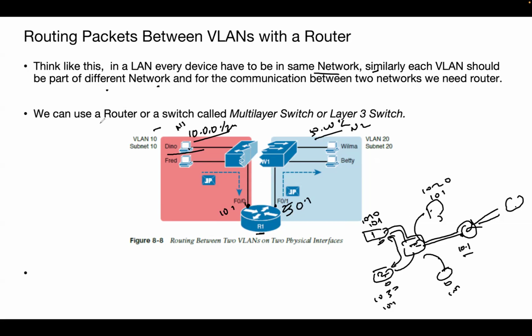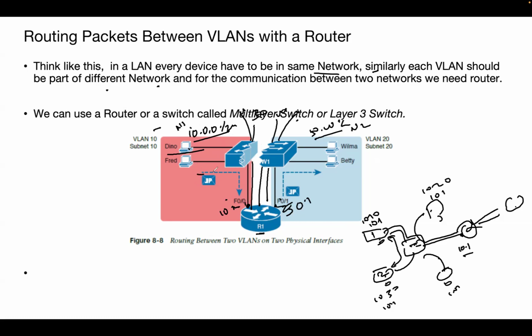Clear this part? Now, I took two interfaces, FA0/0 and FA0/1, because I had two VLANs, VLAN 10 and VLAN 20. What if I got VLAN 30, VLAN 40, VLAN 50, VLAN 16? For every VLAN I need to take one link from here.